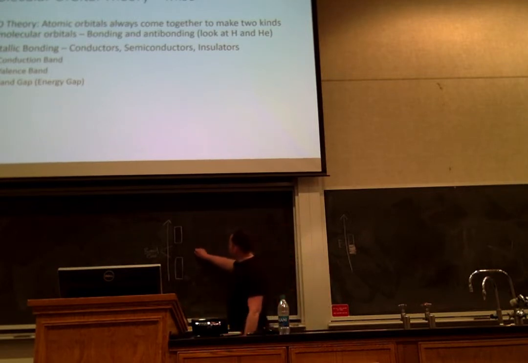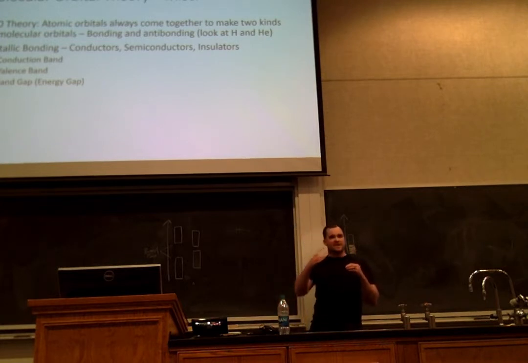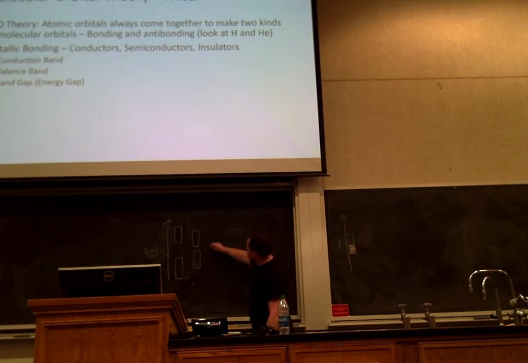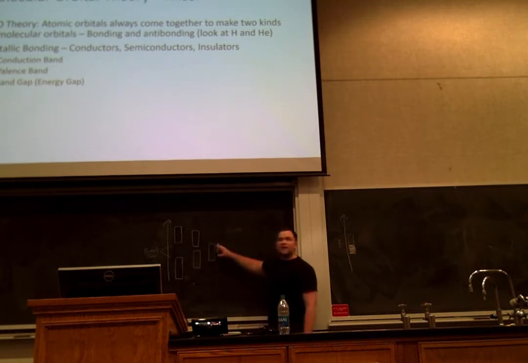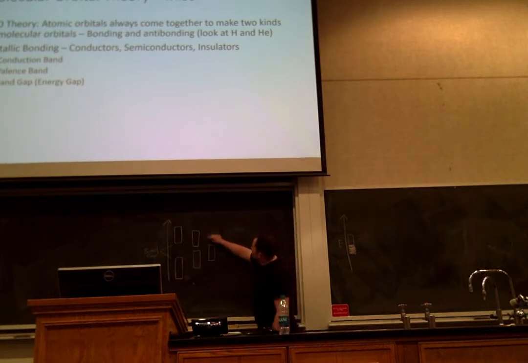Moving on to a semiconductor, it may look like this, where the band gap is smaller. It takes less energy to excite that electron up. And then finally, we have conductors. This is the filled molecular orbital band, I think called the conducting band maybe, and this is the unfilled.